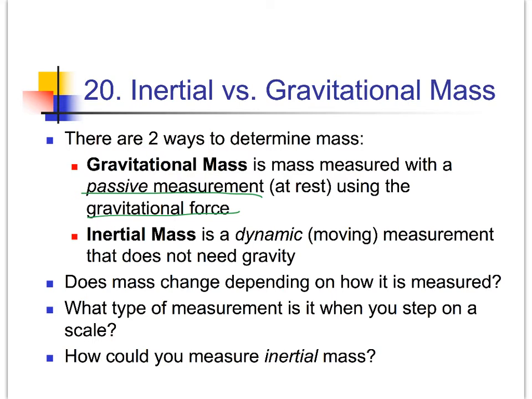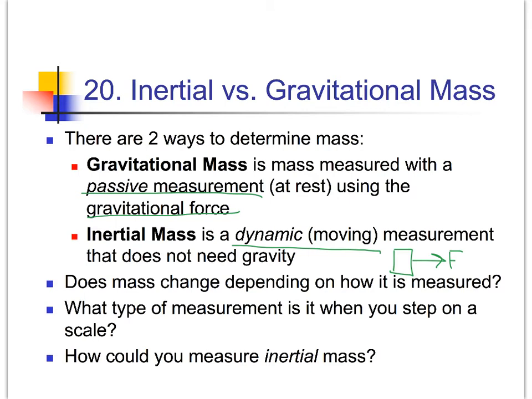There is another way of getting mass, though, and that is with inertial mass. Okay, so inertial mass happens when we have a dynamic or moving measurement that does not require gravity. So an example of this would be if we have an object and we pull on that object and measure the force that we pull on that object with.